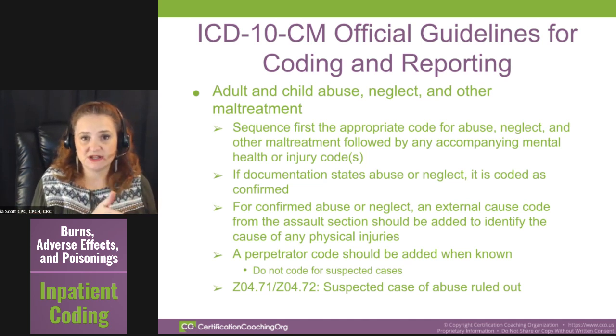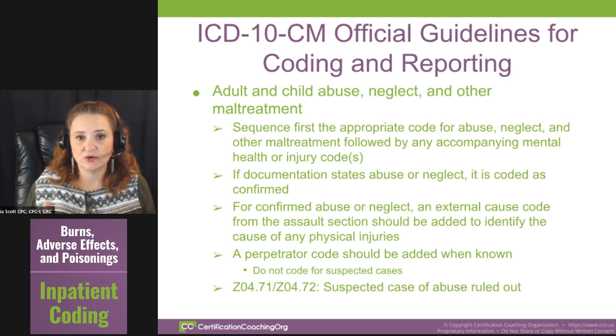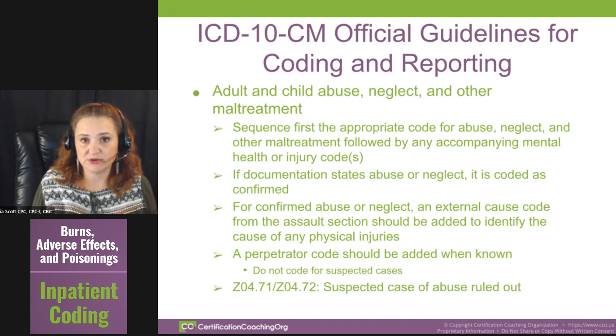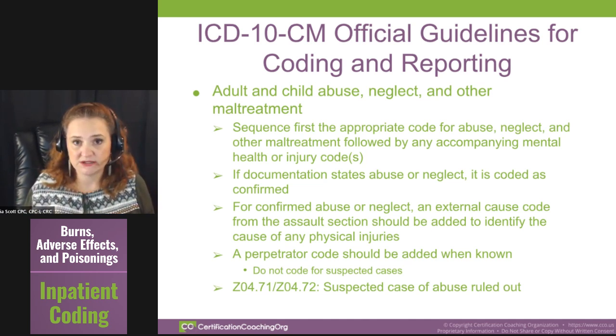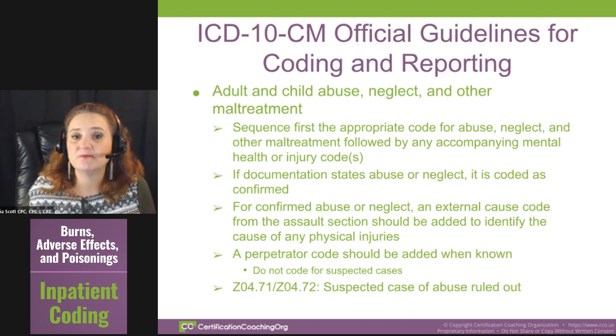So your first sequence code is adult abuse, and then the second code is that the wife was punched and has a broken jaw. Okay, or a broken arm, something like that. So what happened? We have adult abuse, and then what was the result of that? A fracture. If you have this stated in the documentation, you only code it if it's confirmed.